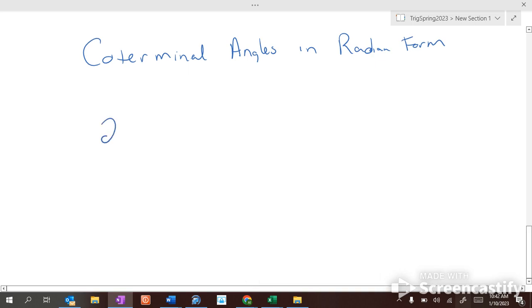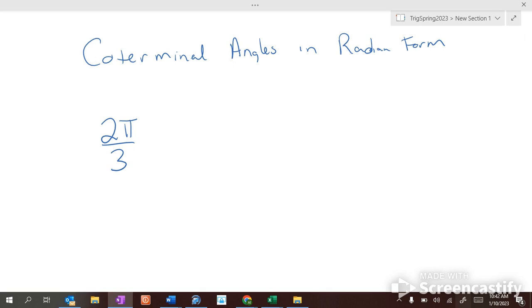We're going to do coterminal angles in radian form. So if we have the angle 2 pi over 3, I used a really nice example to make it easy. What's coterminal with that?